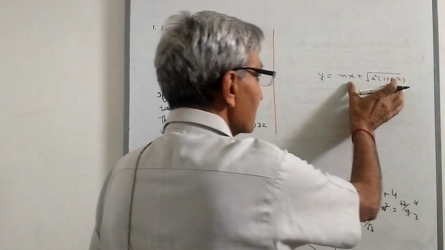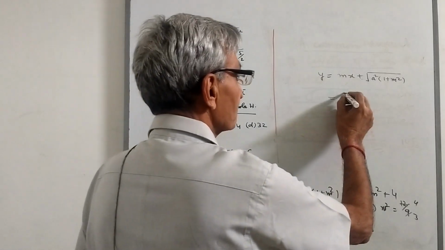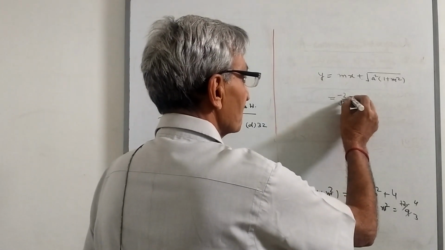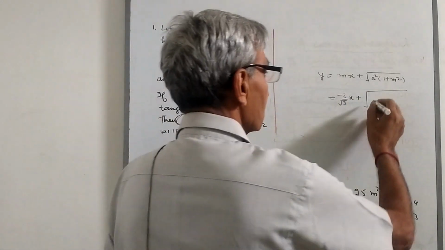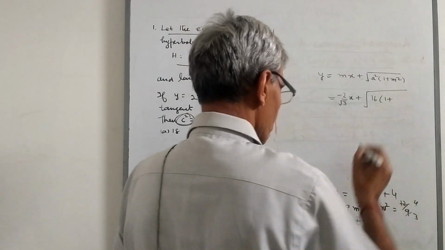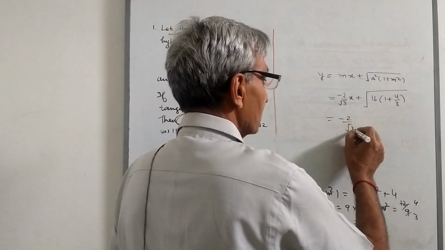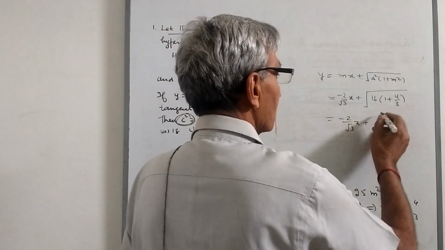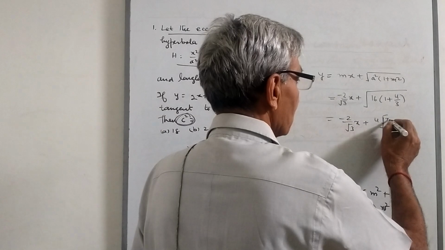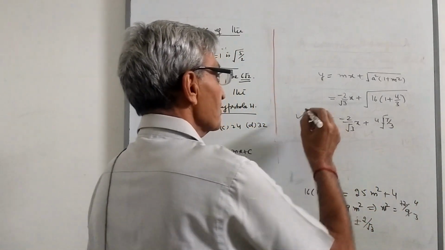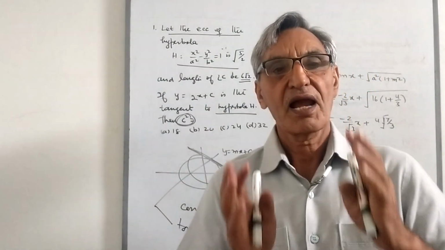I took the case of the circle only. So it is y equal to minus 2 by under root 3 into x plus under root of 16 into 4 upon 3, which is minus 2 by under root 3 x plus 4 into under root 7 by 3. Now this is my equation of the common tangent to the circle and the ellipse.